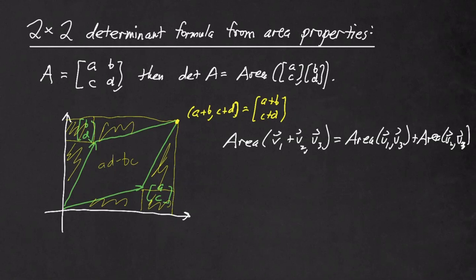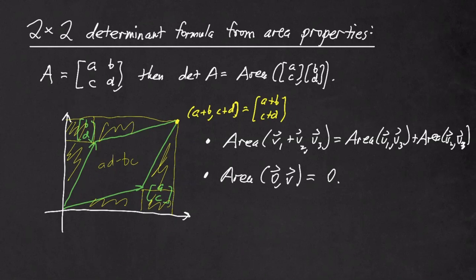That's one of the properties. And the other property is that if we have a zero column, the area formed by 0 and V is just 0. I just want to use those two.